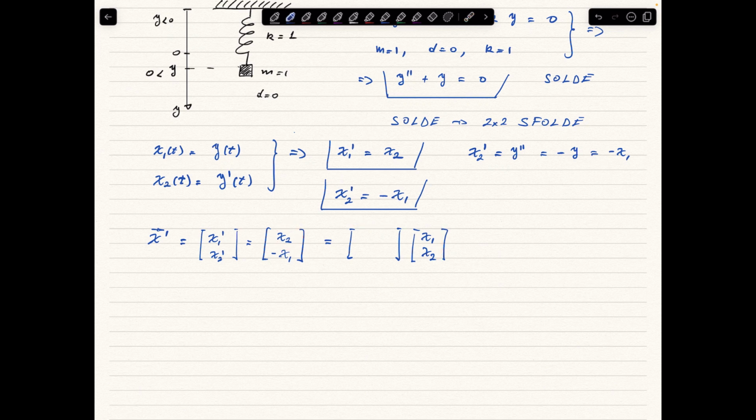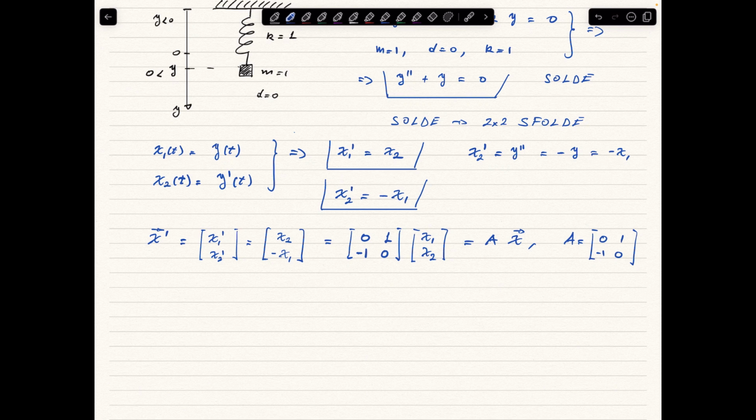So that means we have here a 1 and a 0. And then this product has to be equal to negative x1, which means we have a negative 1 and a 0. So this is of the form A x, and our matrix A is 0, 1, negative 1, 0.